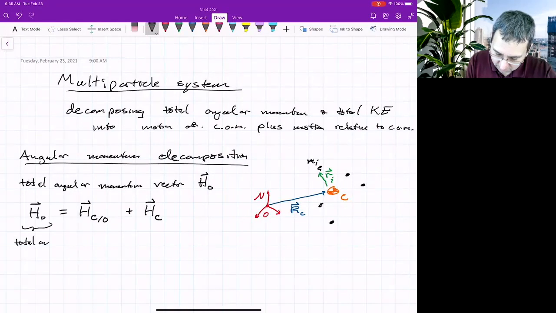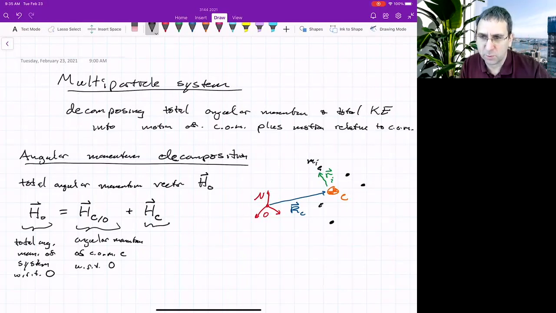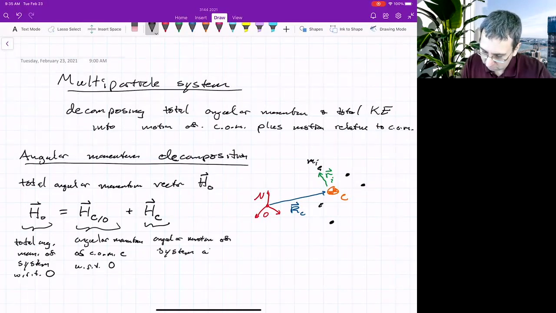This is the total angular momentum of the system with respect to the point O. This is the angular momentum of the center of mass, C, with respect to the point O. And this H_C over here is the angular momentum of the system about its center of mass, with respect to C.